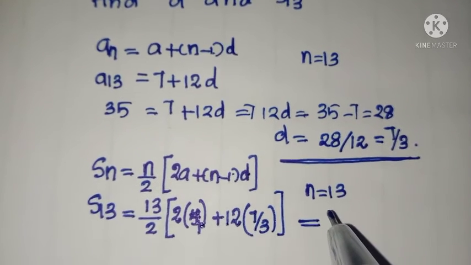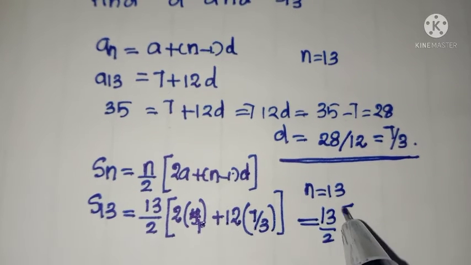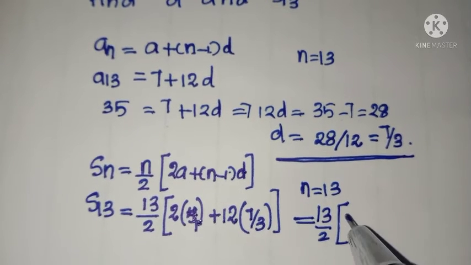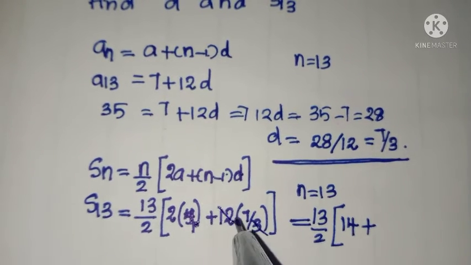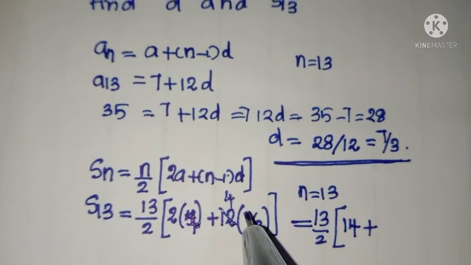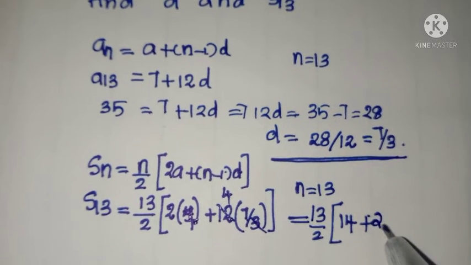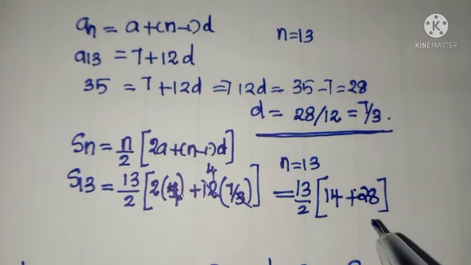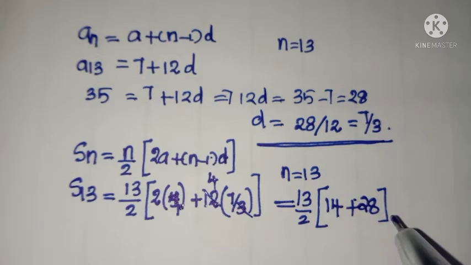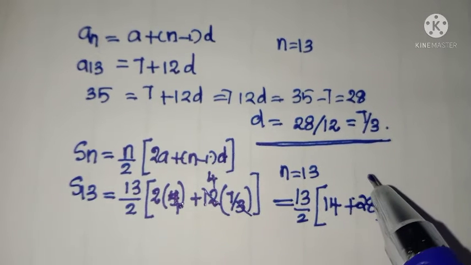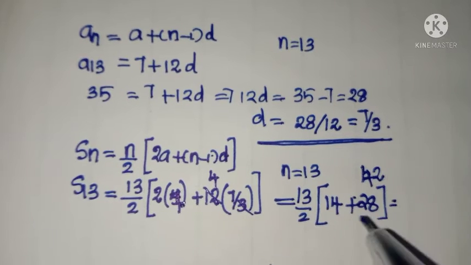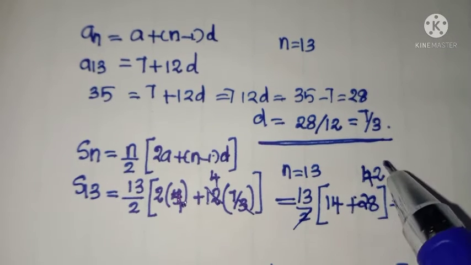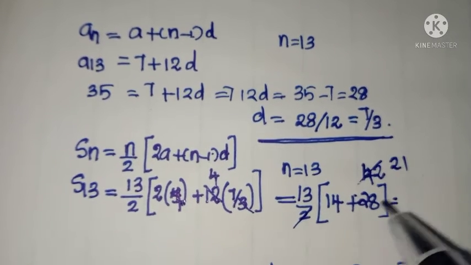This gives 13 by 2 into 2 into 7, 14, plus here this 3 and 12 can be cancelled, 4 times 7, 28. Okay. Now 14 plus 28 gives 42. Now we can cancel 2 and 42, that is 21.